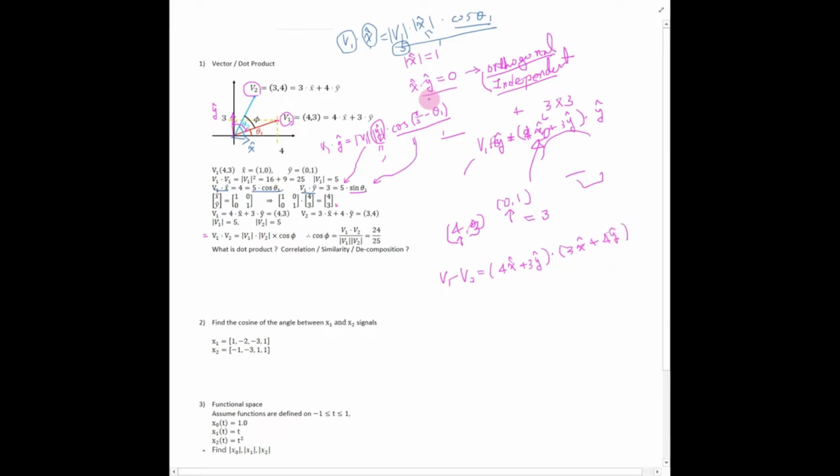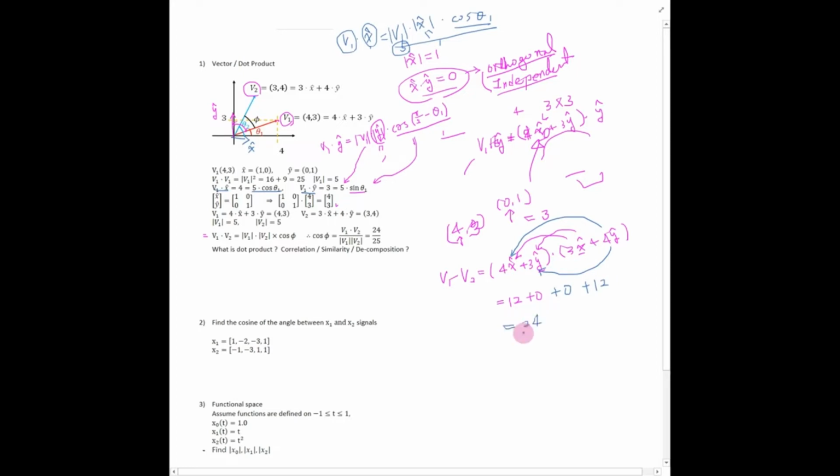And we know this orthogonal property. By multiplying in this way, it gives 12. And the product of this one goes to 0, because y hat dot x hat should be 0. Similarly, we can try that one this way: 4 y hat times 4 x hat should be 0. And by taking the dot product between 3 y hat and 4 y hat, y hat with y hat should be 1. That's 12. So we have a dot product of 24.